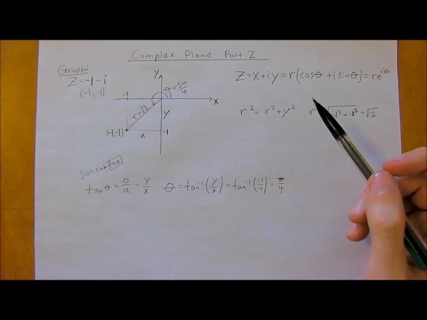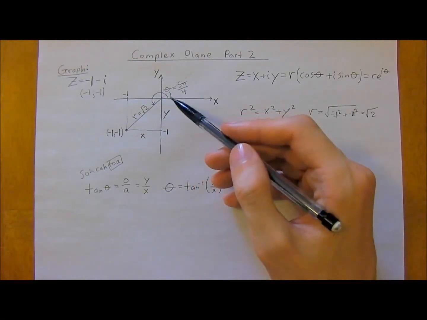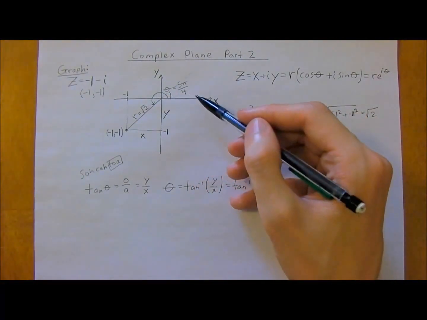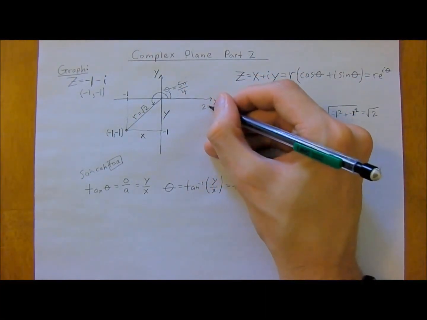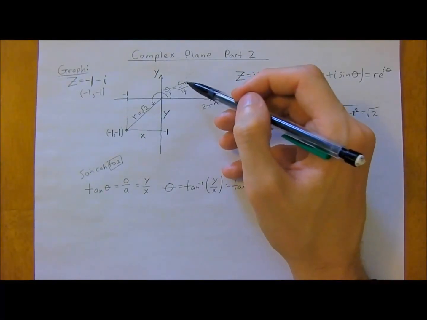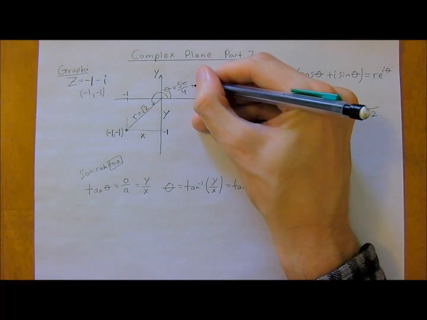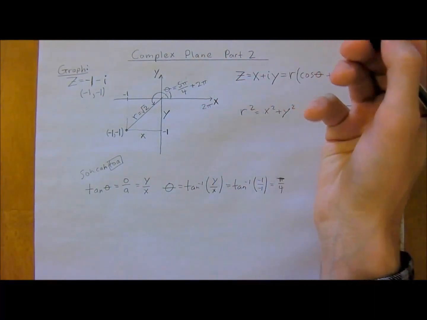And the other thing to note is that actually this has an infinite amount of angles, because when you think about the unit circle, if you travel around once, that's 2 pi. And so really we could represent theta as 5 pi divided by 4, or it could be 5 pi divided by 4 plus 2 pi.